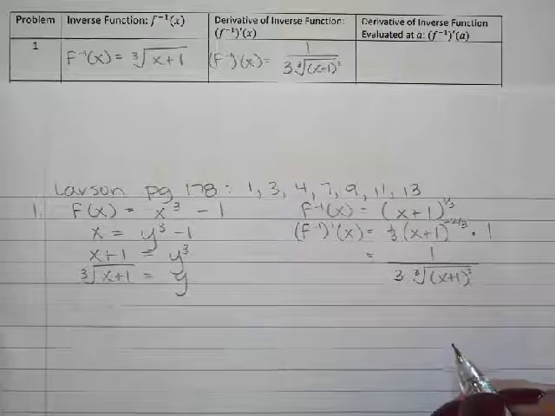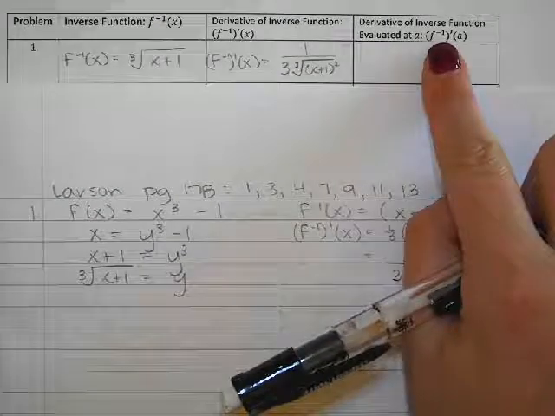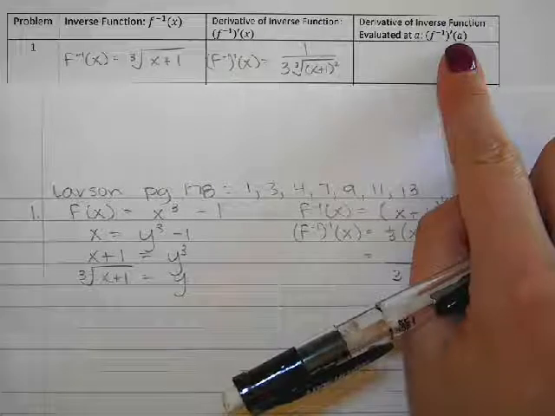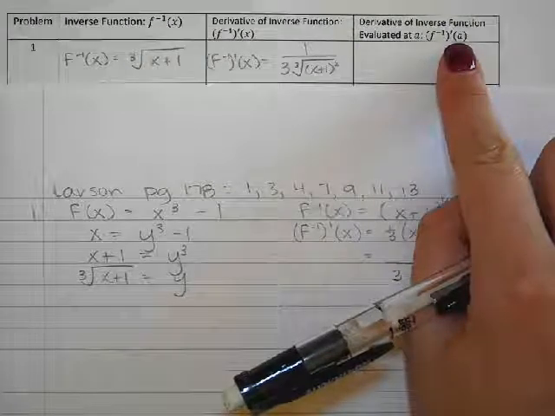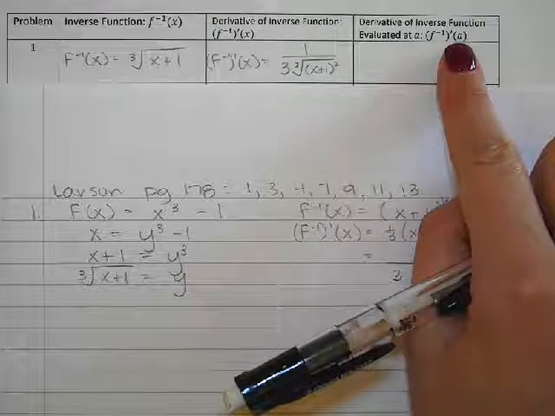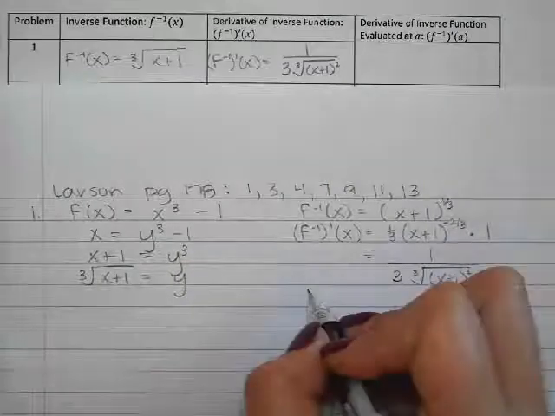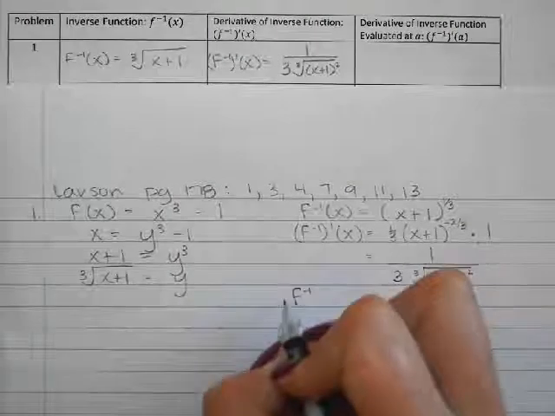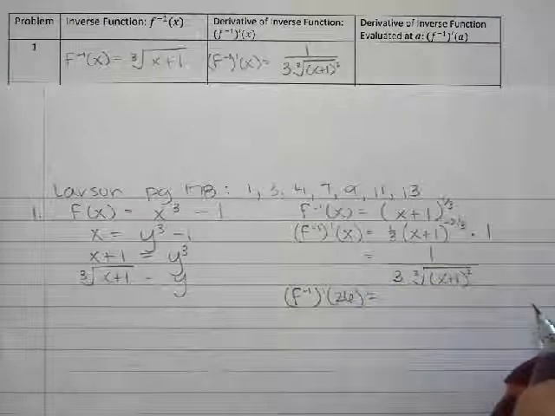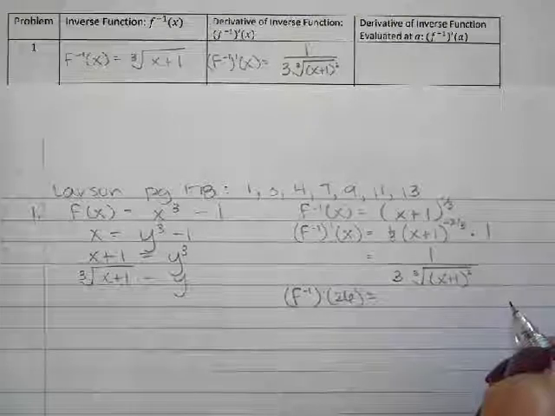Okay. And now it's telling us to evaluate the derivative of the inverse at an x value of a. And what a did they give us for problem number 1? 26. So now we are going to say f inverse prime of 26. Can I plug in 26, or do I need to go look for the y coordinate?